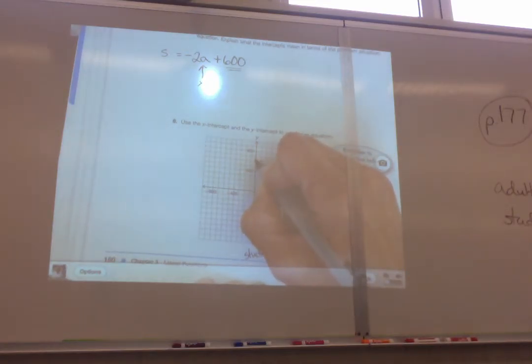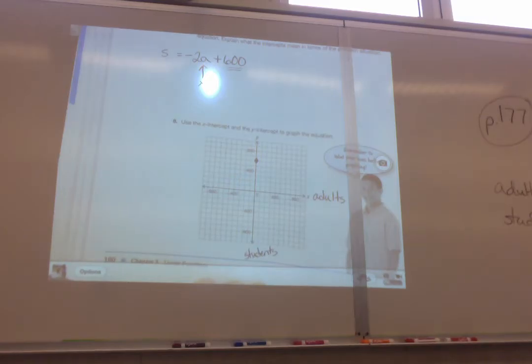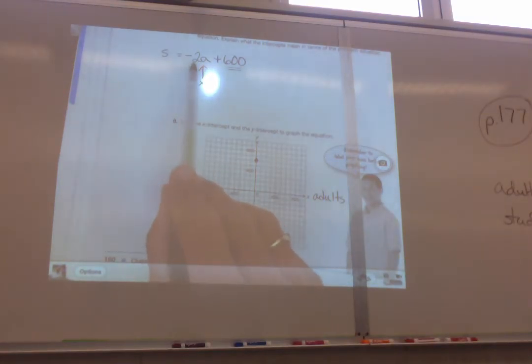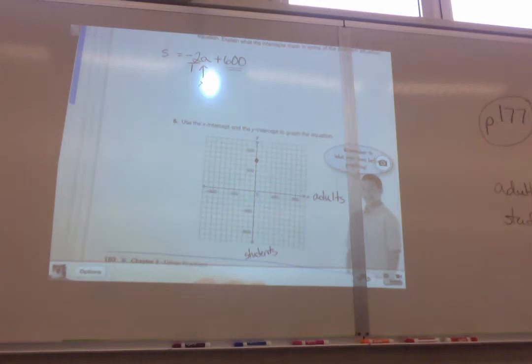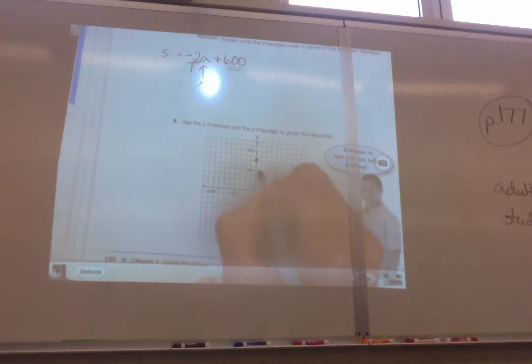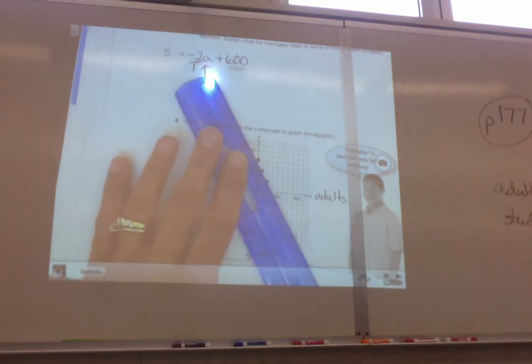Put a dot. I have negative 2 for a slope. I'm going to put that negative 2 over 1 because I know how to use a slope to sketch a line. That means go down 2 over 1. Down 2 over 1. Sketch a line carefully.